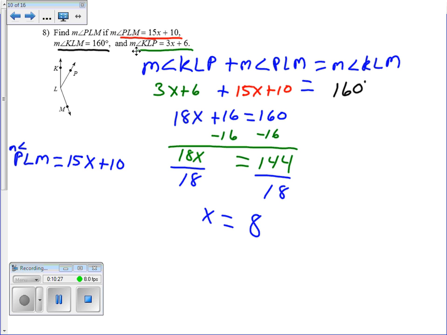So we have 15, and we said x was going to be 8, plus 10, and 15 times 8 is 120 plus 10. So the measure of angle PLM is equal to 130 degrees.